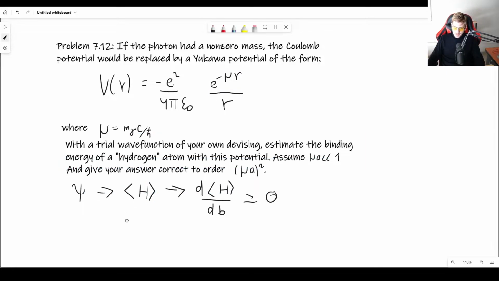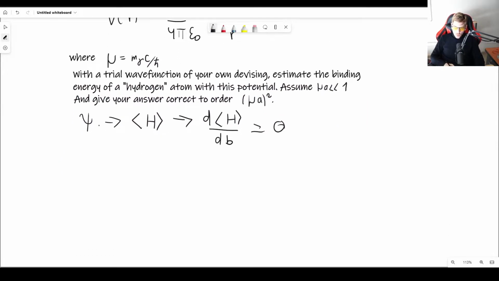So first step then is to determine what this wave function is. Well, we are dealing with a hydrogen atom, and the only difference is now that the potential itself is somewhat different. So it wouldn't be too crazy to think that we could get something similar to the normal hydrogen atom, but with a different Bohr radius. So we know that in the ground state, the hydrogen wave function is proportional to e to the minus r over a.